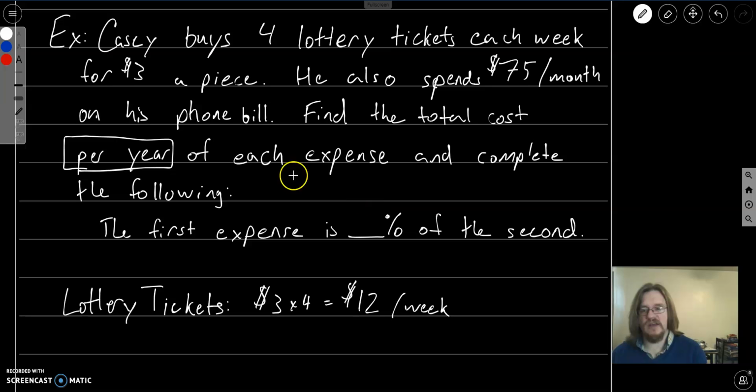But I don't want to know how much I'm spending each week. I want to know how much I'm spending every year on lottery tickets.